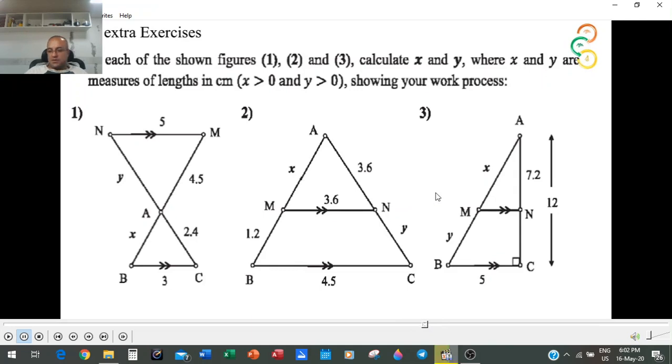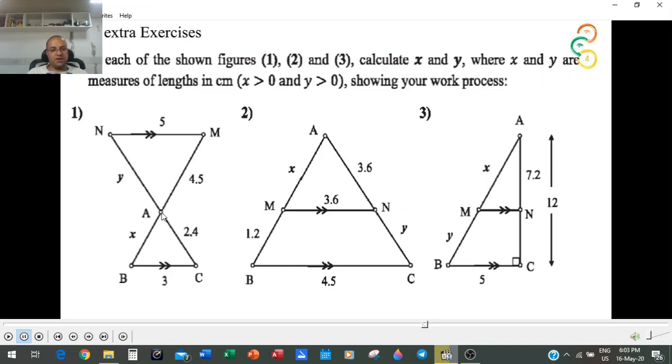Okay, let's start a little bit here. We have here MN parallel to BC. Then Thales theorem says AN over AC equals AM over AB equals MN over BC.